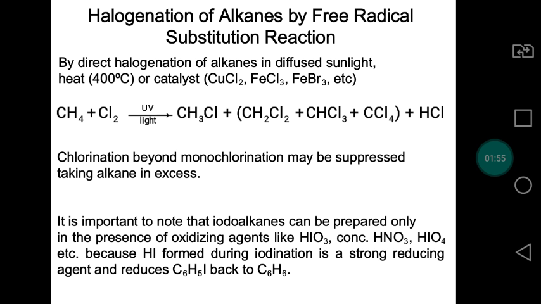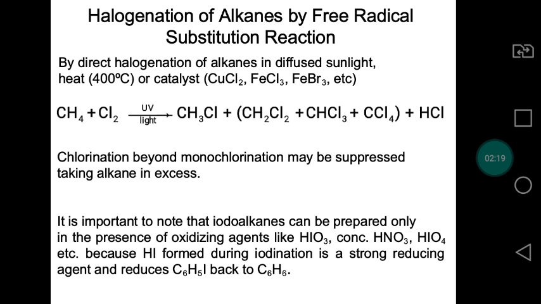Here, this chlorination and bromination occur through a free radical mechanism. Means the chlorine molecule forms free radicals by homolytic cleavage, and that is called the initiation process. This free radical mechanism has three steps: initiation, propagation, termination.